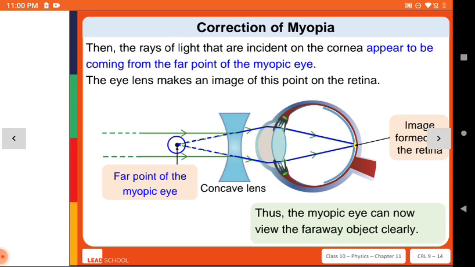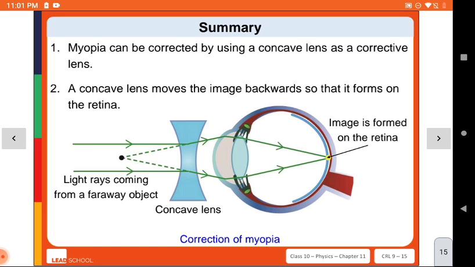The rays appear to come from the far point, and the eye lens makes an image of the point on the retina. Thus the myopic eye can now view far away objects clearly.